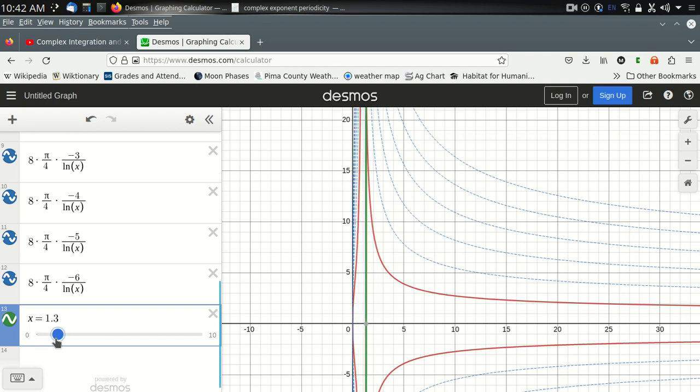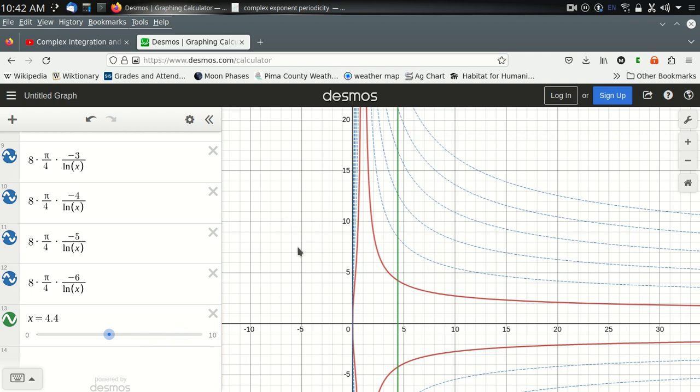Something truly magical happens. At 1, it doesn't make sense. And at 0, again, it doesn't make sense. So you have these two points here where it's just crazy, and negative values don't make sense. So, well, they sort of should. Anyway, I'm not going to argue that one right now.